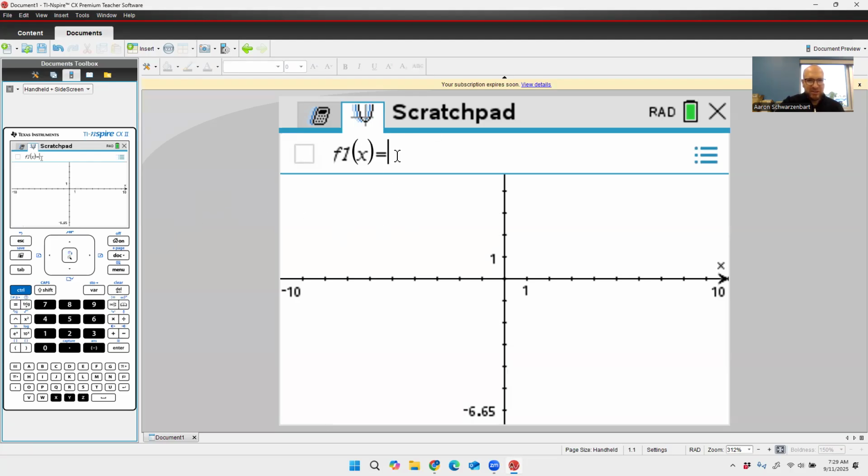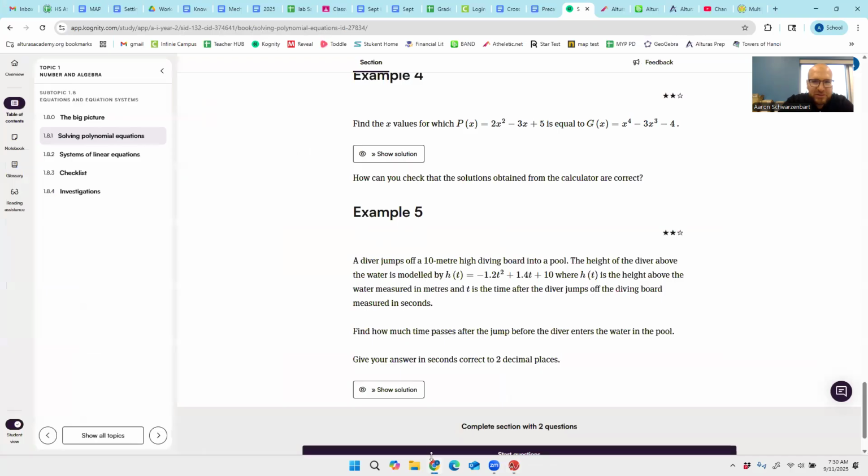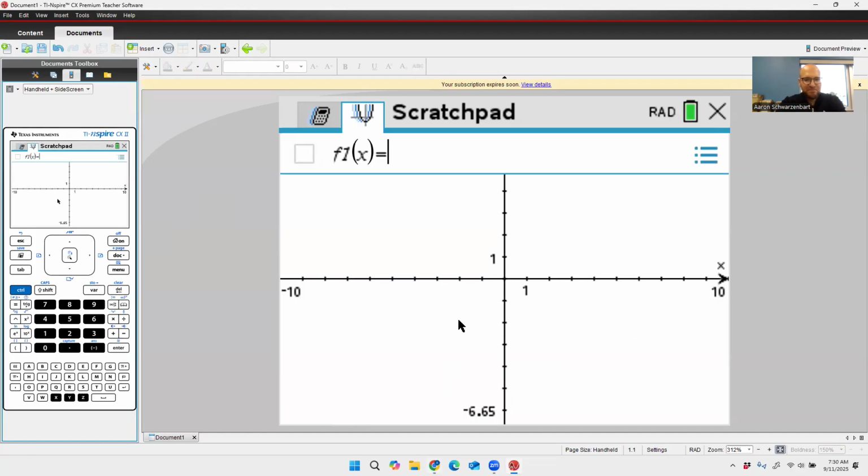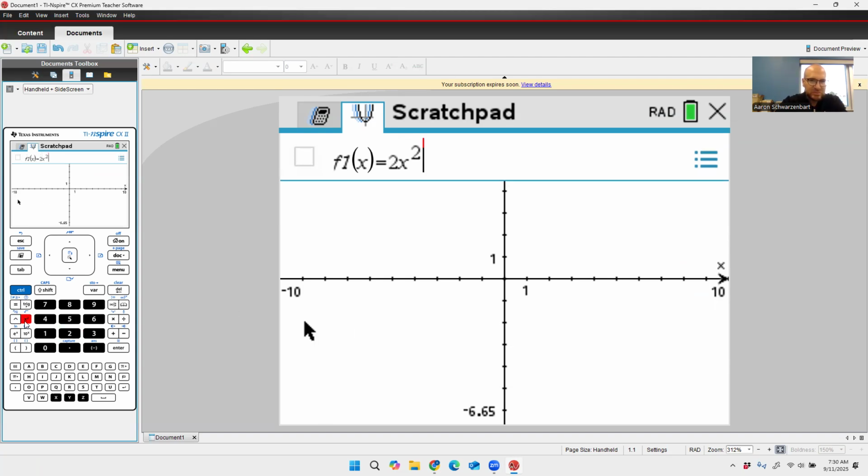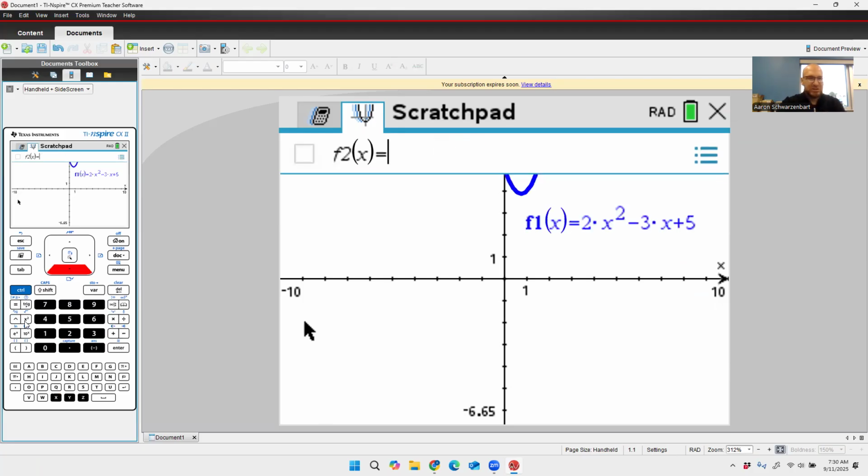If you don't have the entry line here, the F1 of X, the correct button to hit is Tab. Getting right above Control. And I need to look at what the functions are because I don't remember well enough. 2x squared minus 3x plus 5. I'll hit down arrow to go to the next one.